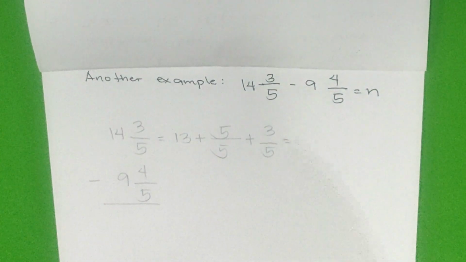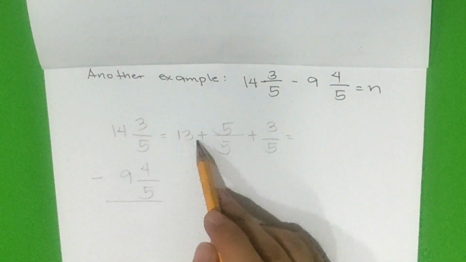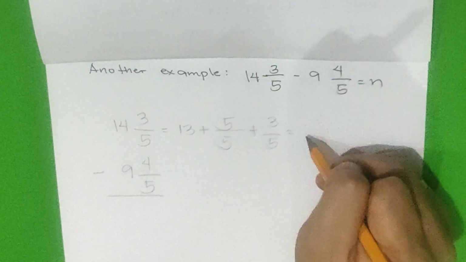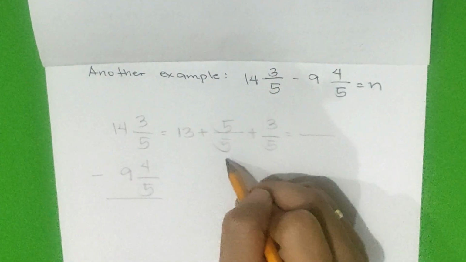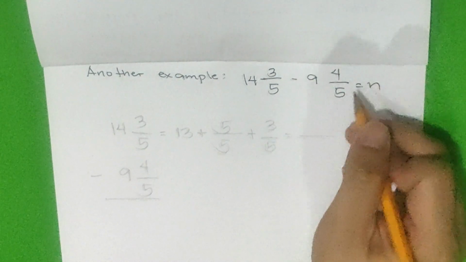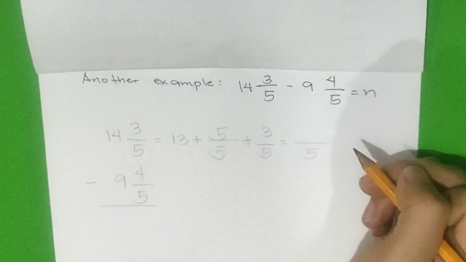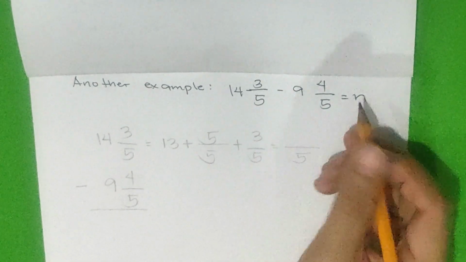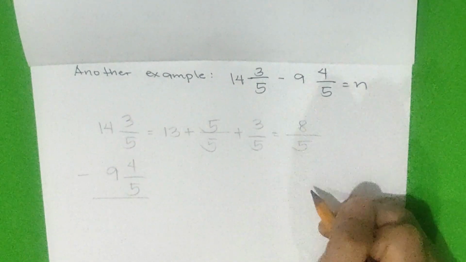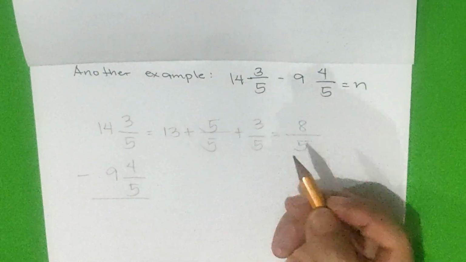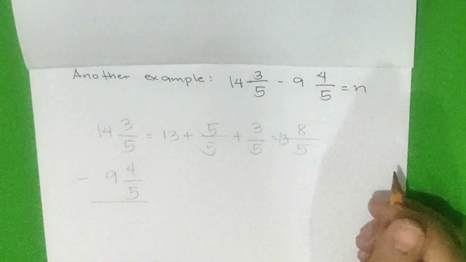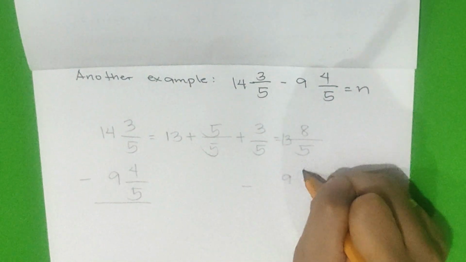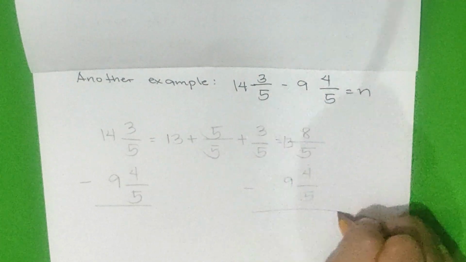Let's add them together: 13 plus 5/5 plus 3/5. Since our fractions are similar, let's copy the denominator 5 and add up the numerators 5 and 3, which is 8. Don't forget the whole number 13. And write our subtrahend 9 and 4/5.